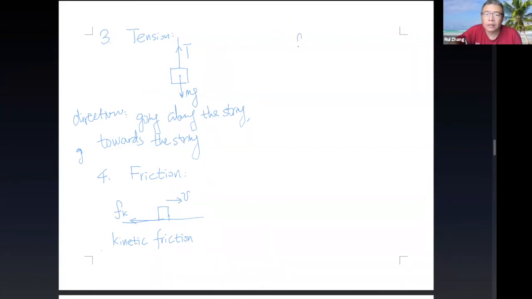By doing experiments, people found that kinetic friction can be written as mu k times N, where mu k is called the coefficient of kinetic friction, and N here is the normal force, okay? So basically this formula tells you that kinetic friction is always proportional to the normal force on the object.